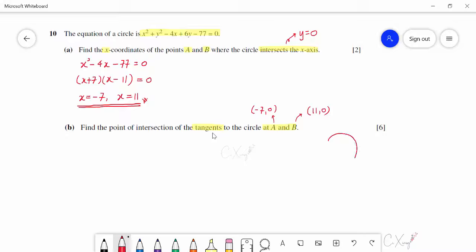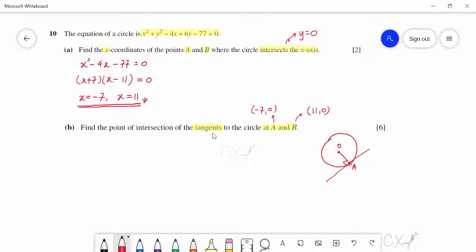Generally if we have a circle, and let's say this is point A, the tangent passing through point A will be perpendicular to the line from the center to A. I can use this property to get the gradient of the tangent first. The same thing happens for B also.